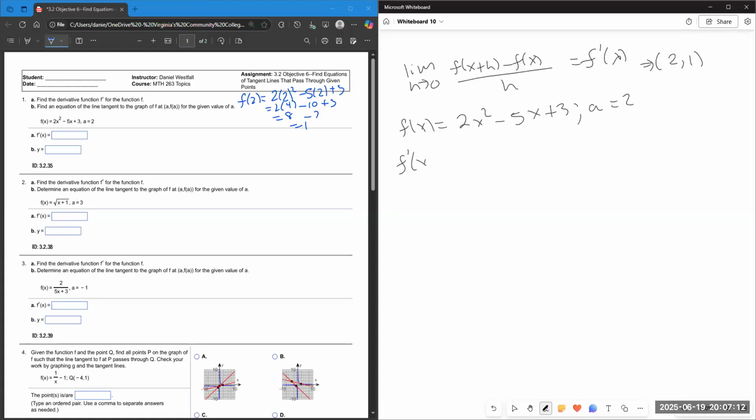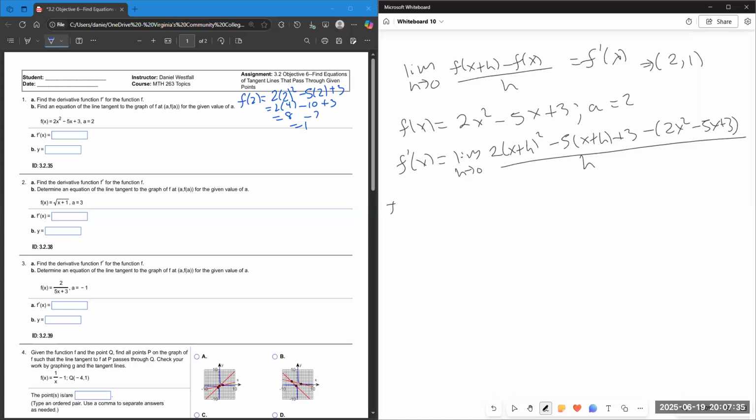F prime of x is limit as h goes to 0 of 2 times x plus h squared minus 5 times x plus h plus 3 minus the original 2x squared minus 5x plus 3 over h.